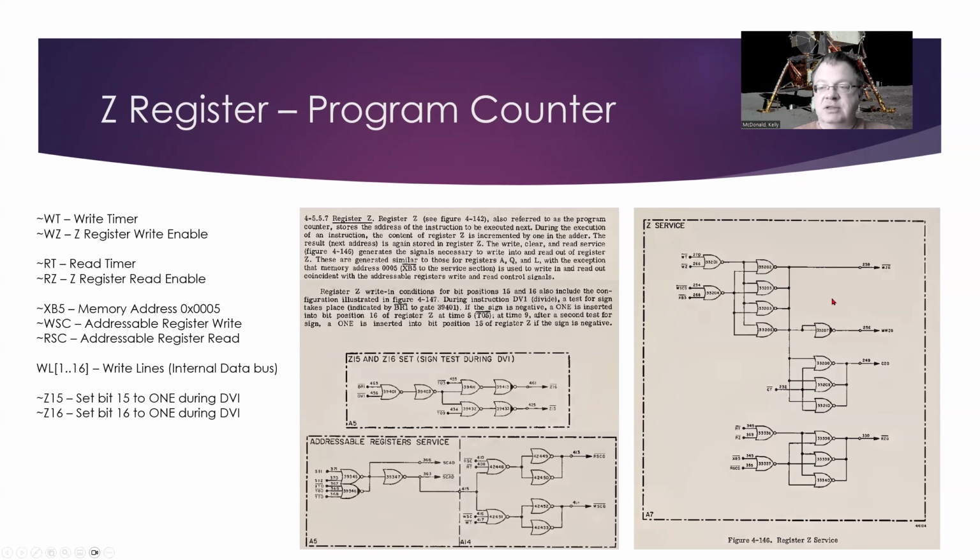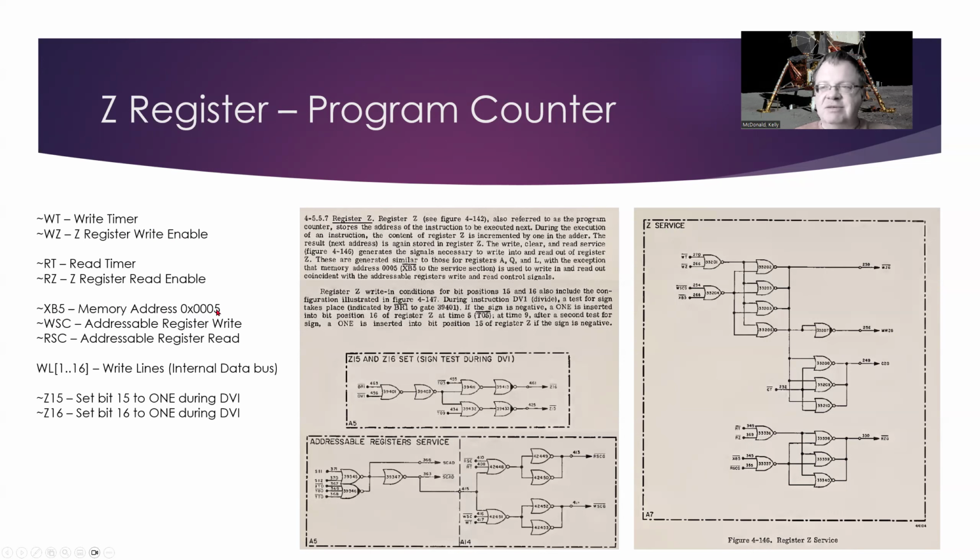And we can see there are 2 ways that we can write data into the Z register. One is directly. So we have the write timer and then the Z register write enable signal. When these 2 come together, we will write data into the Z register. And we also have this addressable register service. This means that, at least from the Apollo guidance computer's perspective, the Z register is also looked at as memory address octal 5.